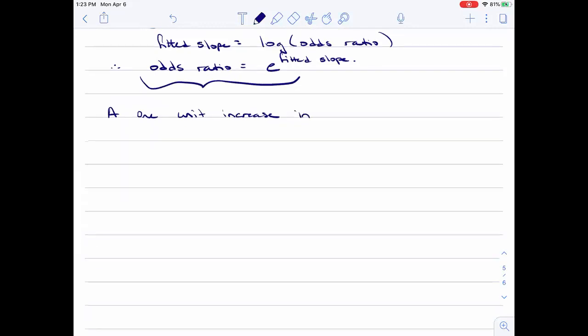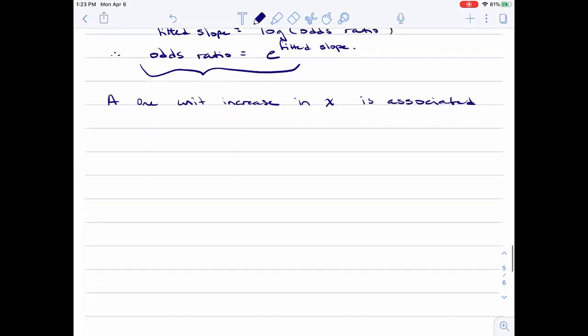So a 1 unit increase in x, right? That's the definition of the slope, right? The definition of the slope is for each unit increase in x, we'll see a slope increase in the predicted value of y. That's from just straight linear regression. So now we're saying a 1 unit increase in x is associated with an e to the fitted slope fold, right?